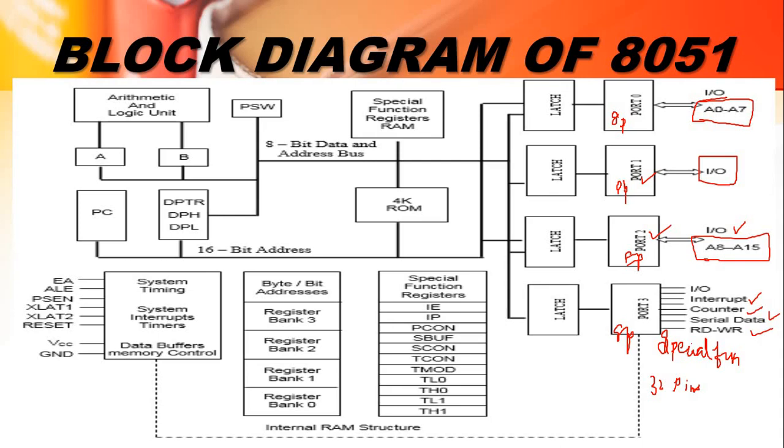I need some special function port pins to make my laptop work as a server. For that special function purpose, we are using the port 3 pins. To convert my device for a particular task that I need, I use the special function port.